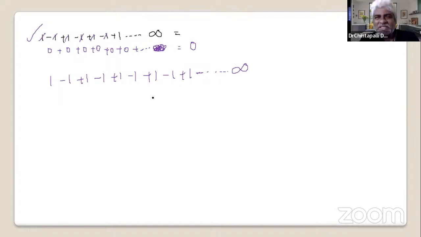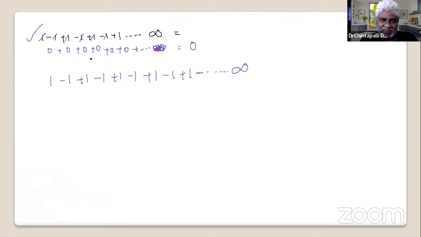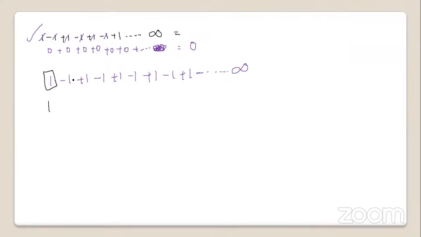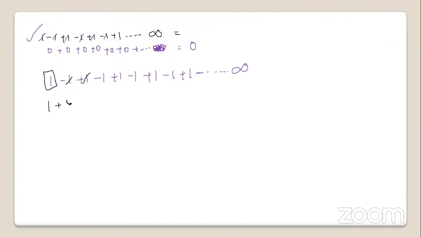He raised a question: what happens when we take the cancellation like this? Leave the first term, don't touch it. It is 1. What's the result of second and third? Minus and plus 1 cancel. Its value is 0.